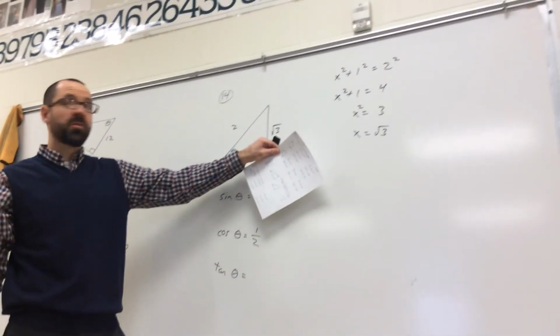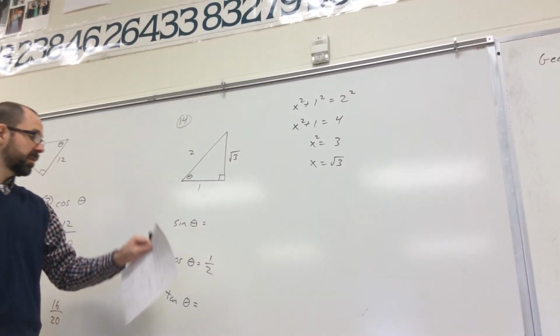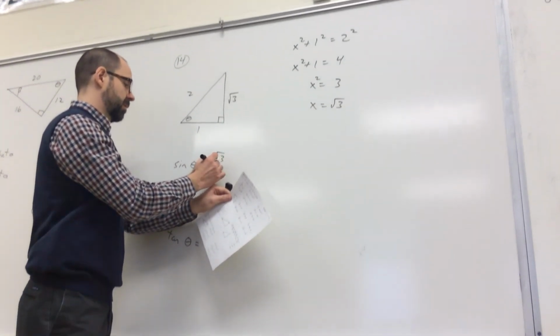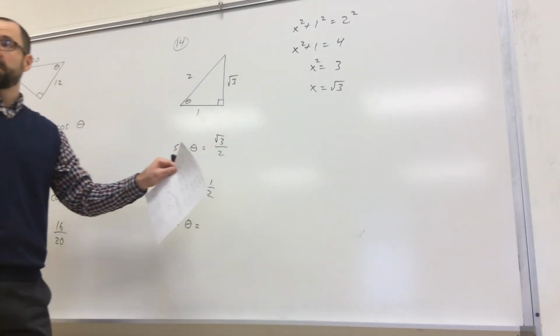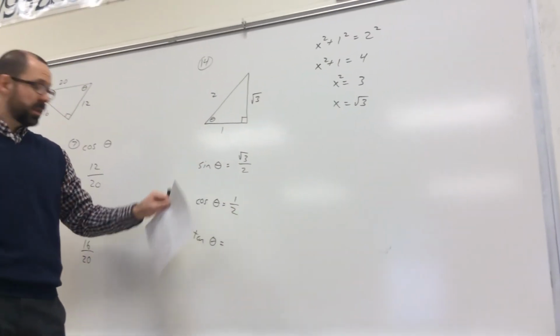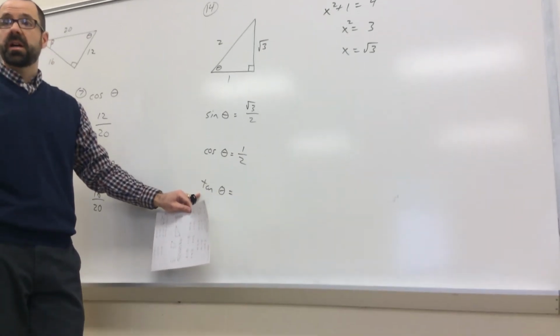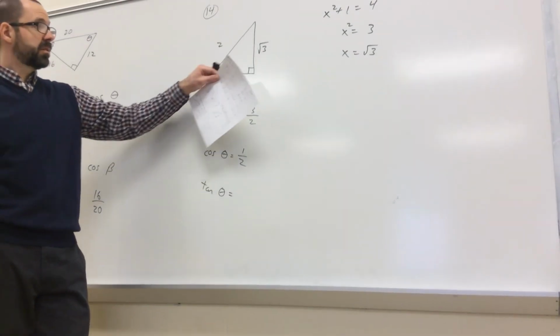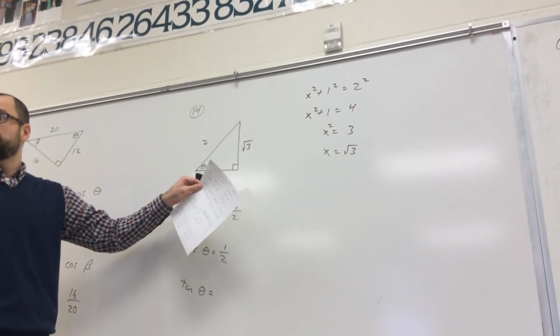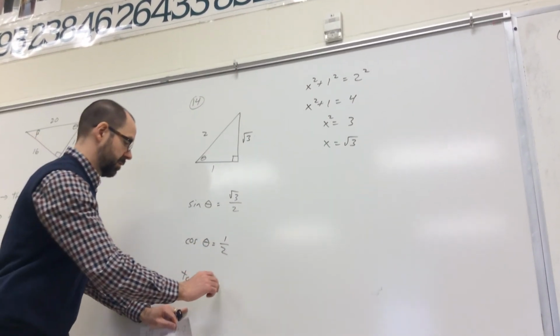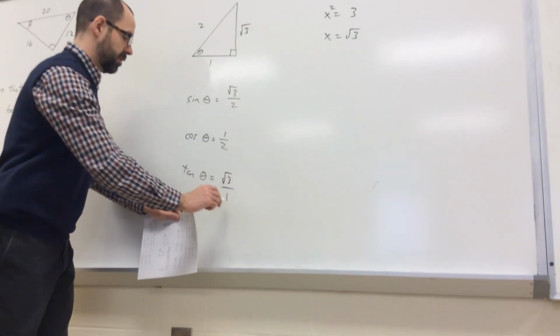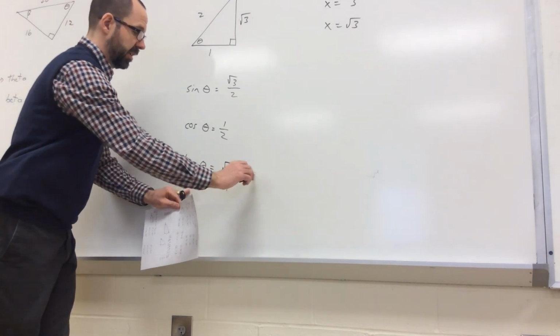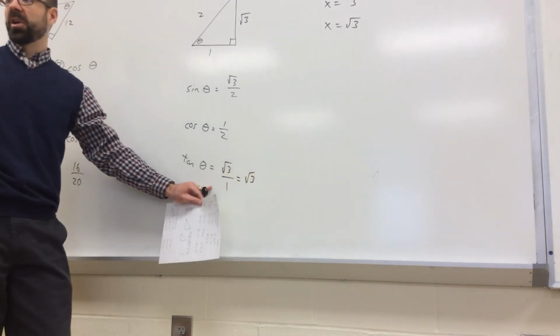So that's root 3 over 2. And then the tangent is opposite over adjacent. So that's root 3 over 1. And you could just write that as root 3, because dividing by 1 doesn't really do anything.